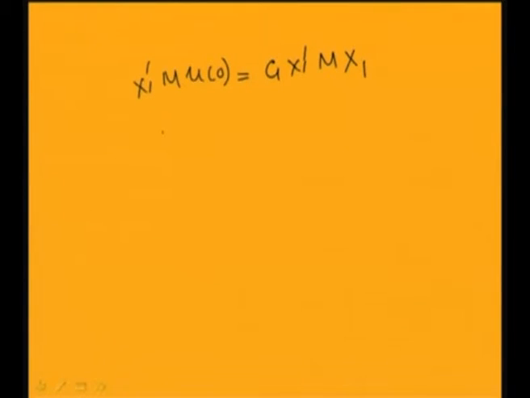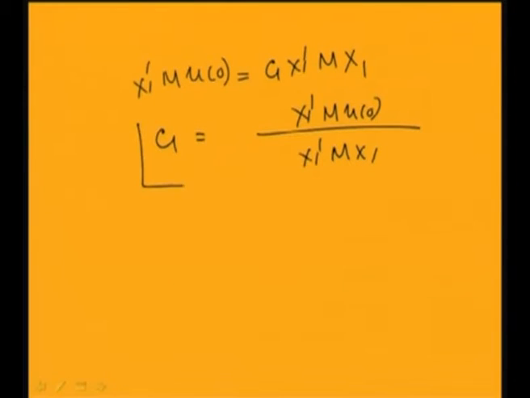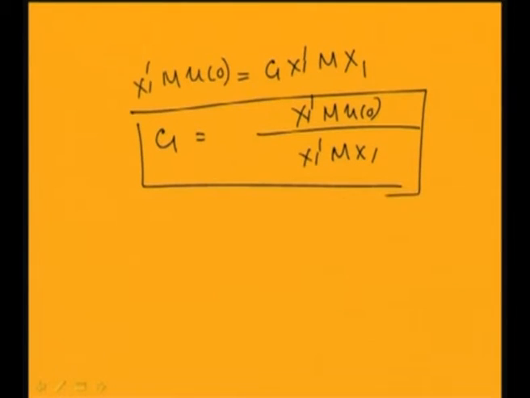From this I can write C1 equal to x1 transpose m u0 by x1 transpose m x1. Similarly, I can find C2, and Ci for the ith mode. The ith modal participation can be written as Ci equal to xi transpose m u0 by xi transpose m xi.